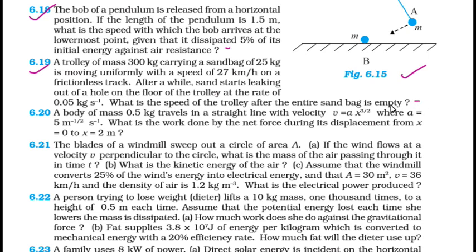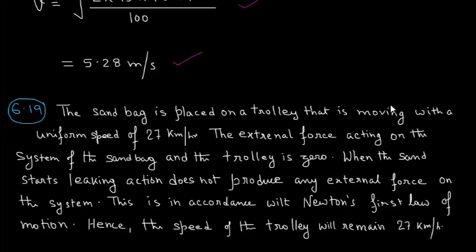Let us see the solution. The sandbag is placed on a trolley that is moving with a uniform speed of 27 km per hour. The external force acting on the system of the sandbag and the trolley is 0.